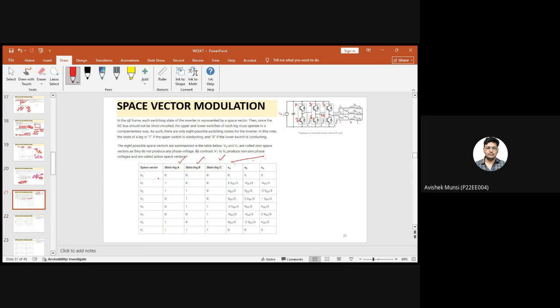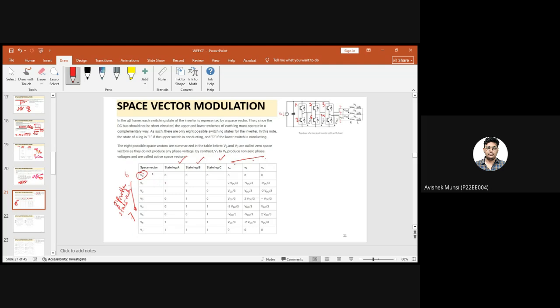So there are space vectors from 0 to 7, and considering these vectors, since we are doing the modulations, that's why it is called space vector modulation. So we have 8 possible combinations of state vectors, from 0 to 7.